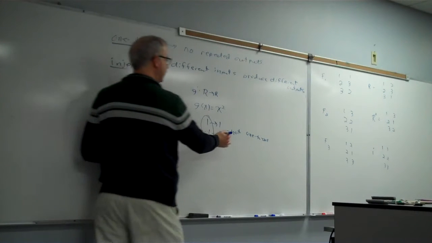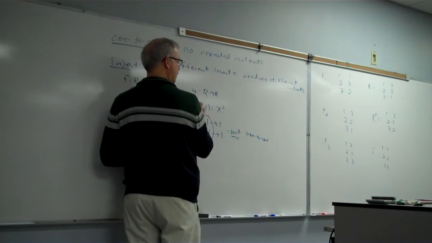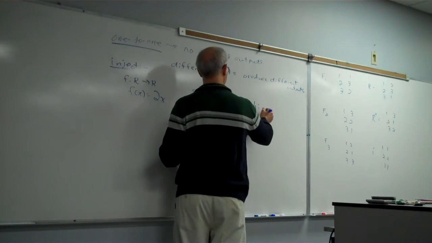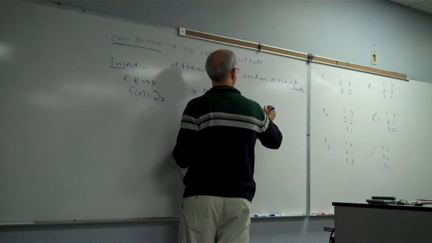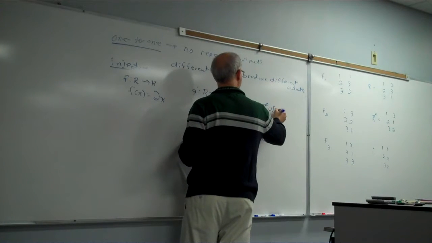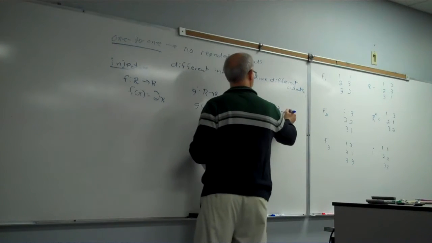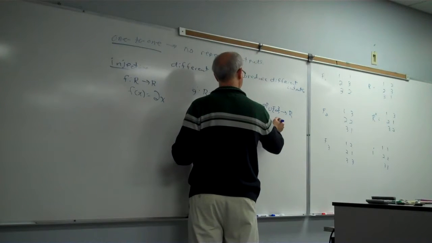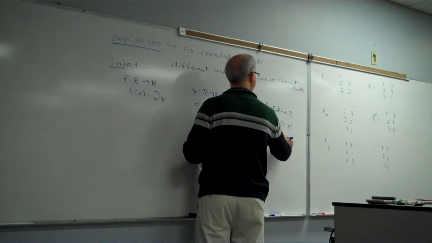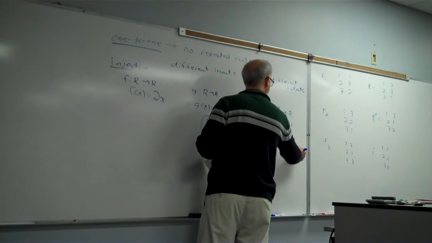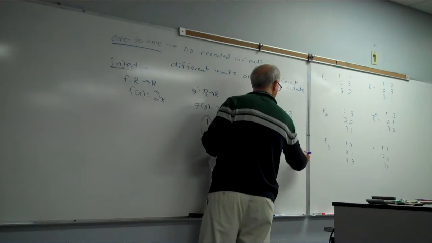Because this function here is not 1 to 1 on this domain, but if I change a little bit and go from, say, the positive reals and 0 to the reals with the same rule, this function is 1 to 1.